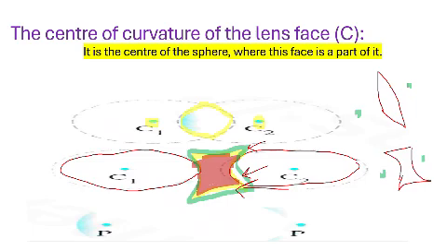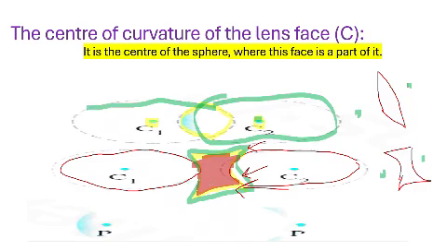Unlike the lens that we study today, the lens is surrounded by two spherical faces. Each one of them has a center. On the other side, I have another spherical face, and here we have another center. So a lens is characterized by two centers of curvature.